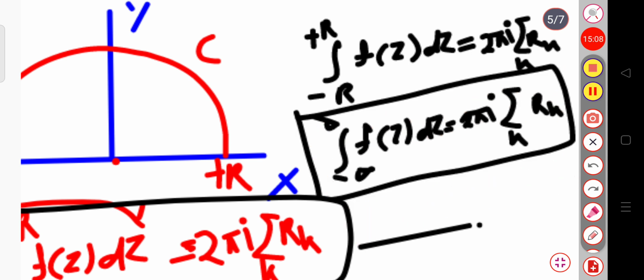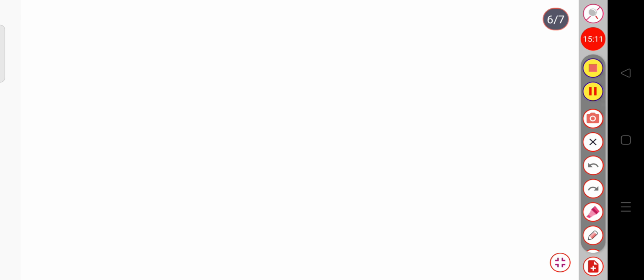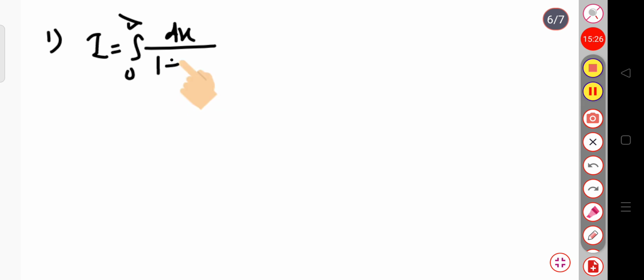Now I will give you one example. Suppose I equals the integration from 0 to infinity of dx divided by 1 plus x square. Our question is like this. I can write this expression as 1 by 2 times the integral from minus infinity to plus infinity of dx divided by 1 plus x square.